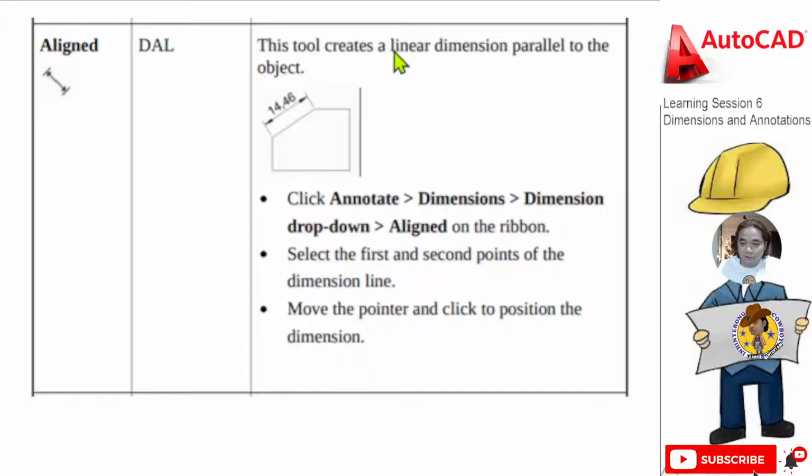This tool creates a linear dimension parallel to the object. To do that, click Annotate, Dimension, then drop-down, then Aligned on the ribbon. Then select the first and second points of the dimension line. Then move the pointer and click to position the dimension.